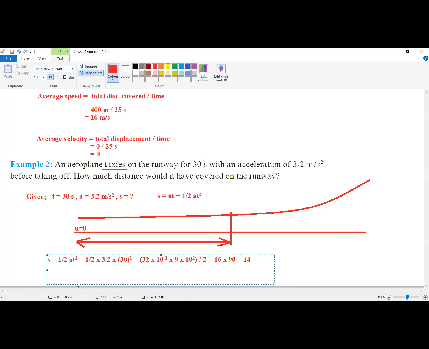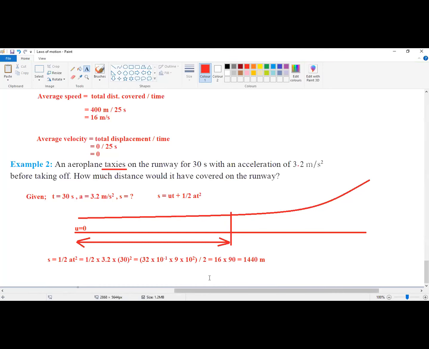It will be 1440 meters. Are you all following this? Did the simplification make sense to everyone? Okay. So the distance covered by the aeroplane would be 1440 meters before it takes off.